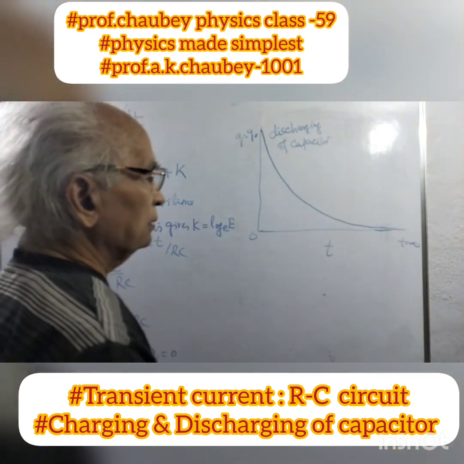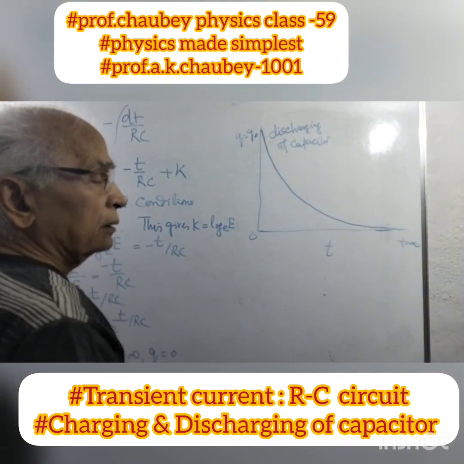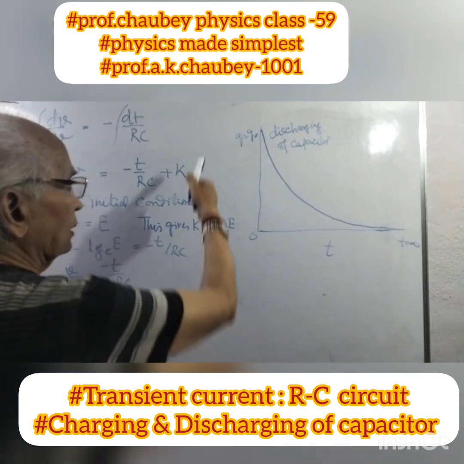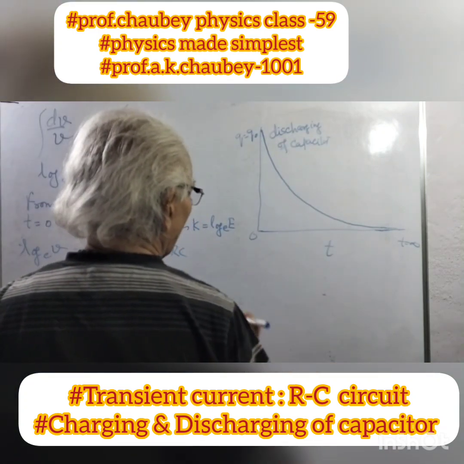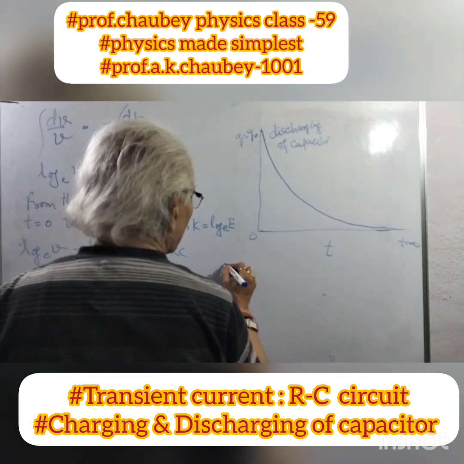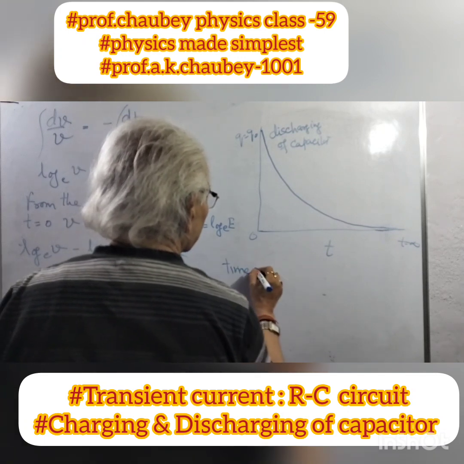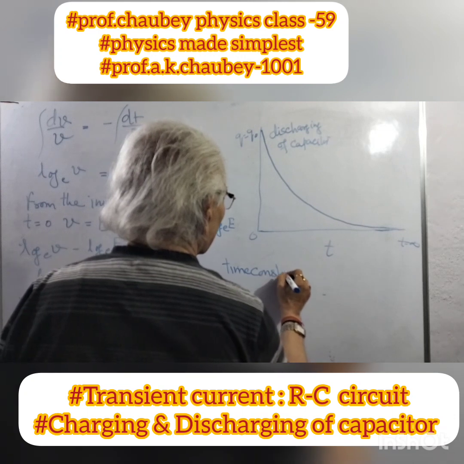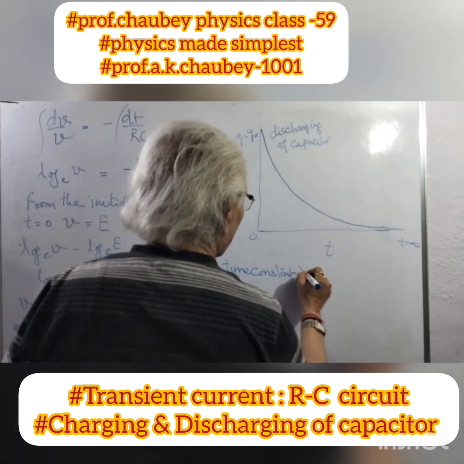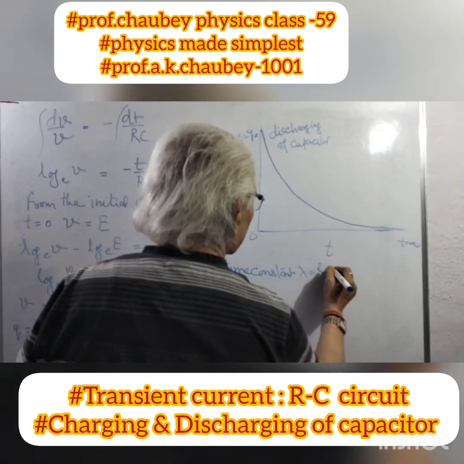Transient currents, discharging of capacitor through resistance: the decay has a time constant lambda equal to RC.